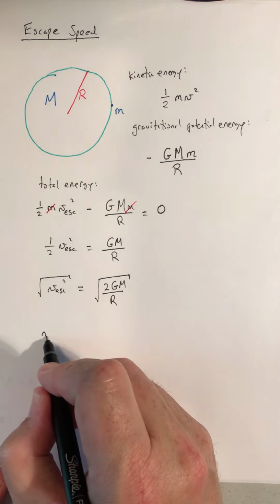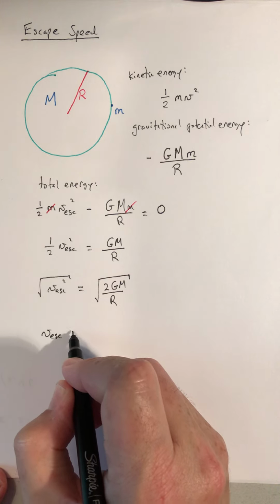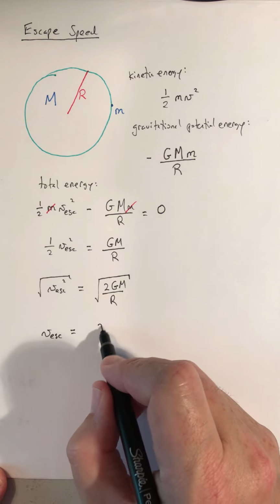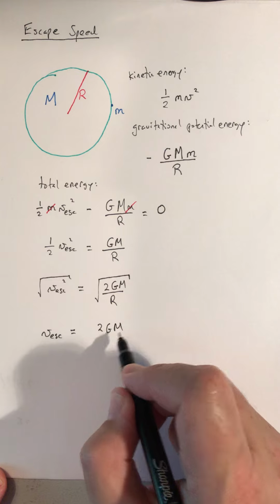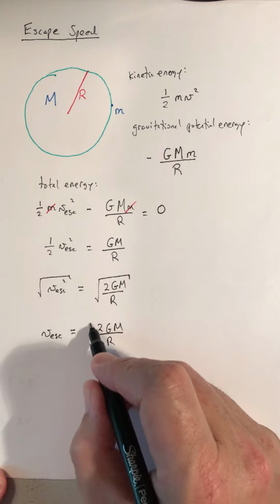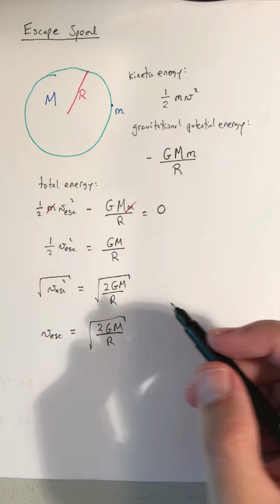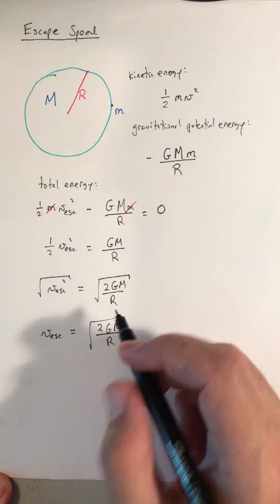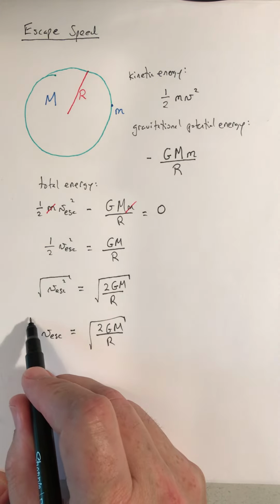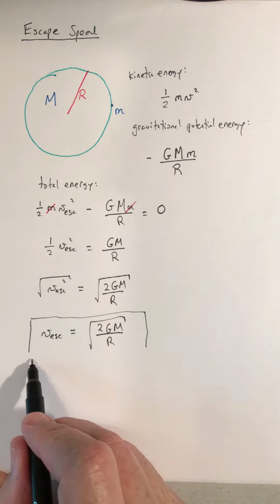So v escape is the square root of 2GM over R. So that's how we calculate the escape speed.